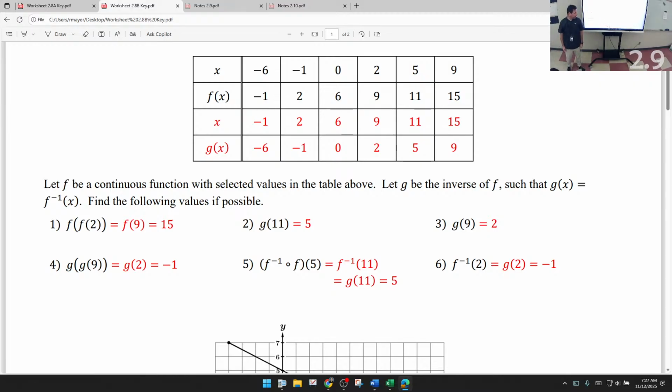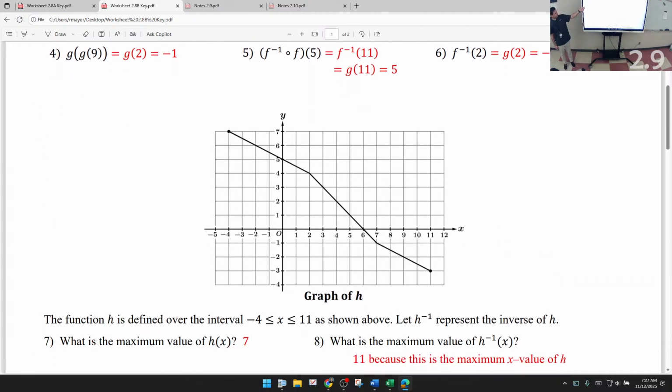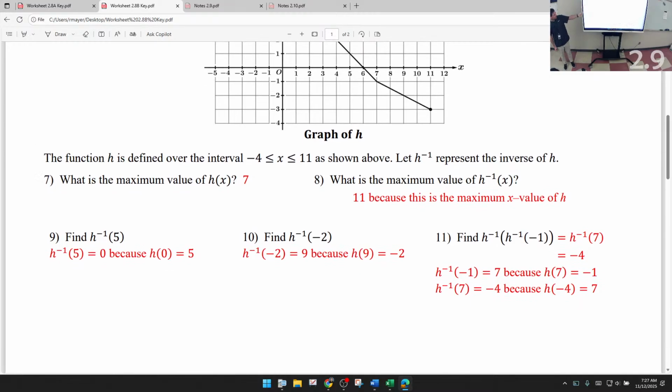Number 6, negative 1. Number 7, 7. Number 8, 11. Number 9, 0. Number 10, 9. And number 11, negative 4.